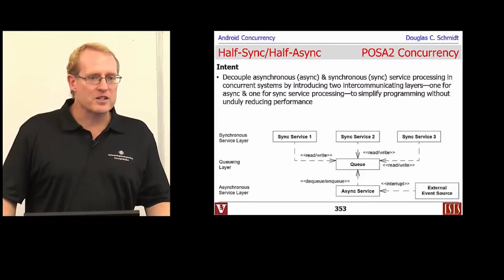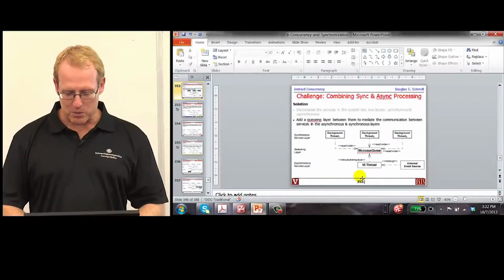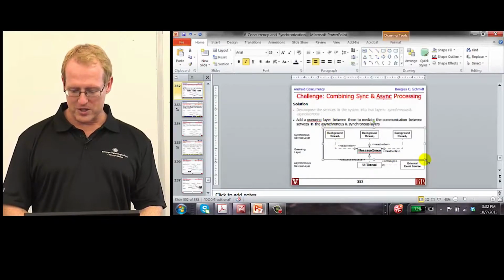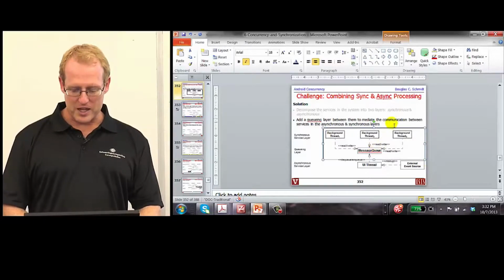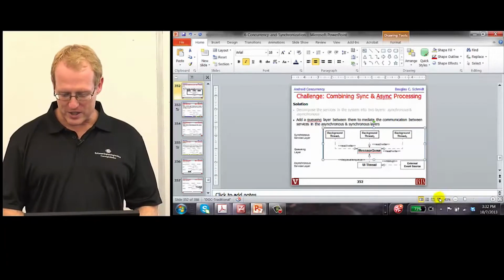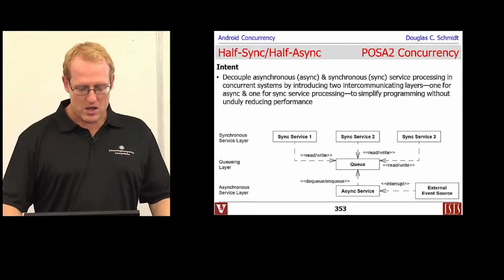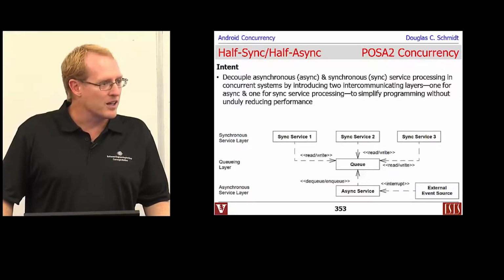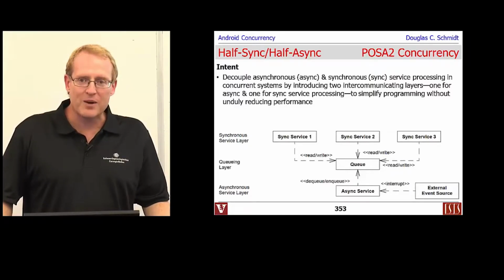So let's talk about this first as a pattern. And I should point out, let me just draw this to draw attention to it, that this interaction we're going to see here is actually the AsyncTasks framework. That's how Android actually solved this particular problem. The pattern used to document the way in which these different pieces interact with each other is called half-sync, half-async.